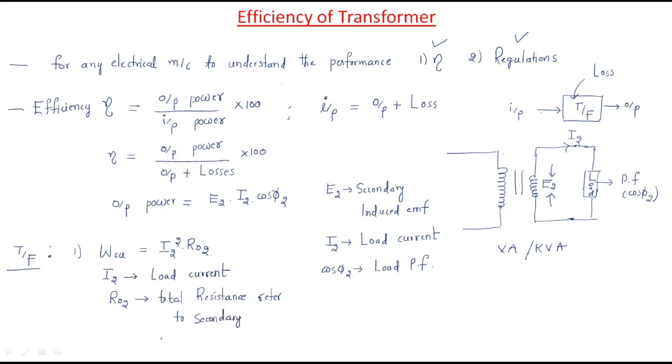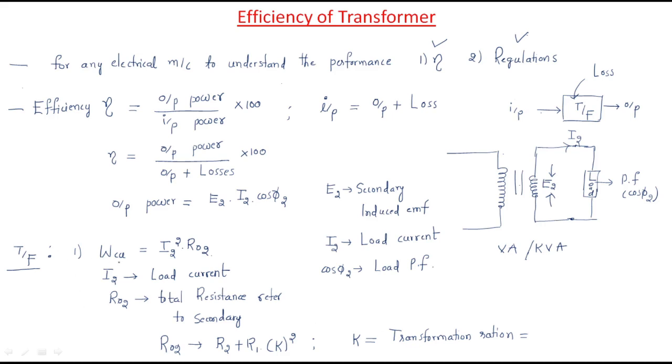We can write R naught 2 as R2 plus R1 into K square. By using this formula we can find it out. What is K here? K is simply the transformation ratio. What is the transformation ratio? It is I1 by I2, E2 by E1 and V2 by V1. That is the transformation ratio.